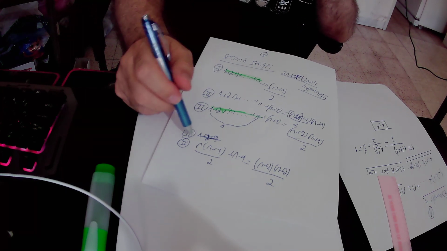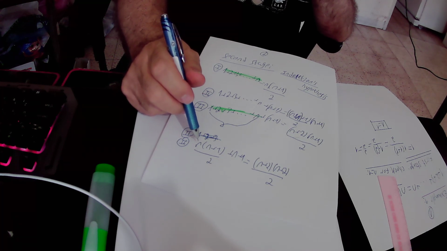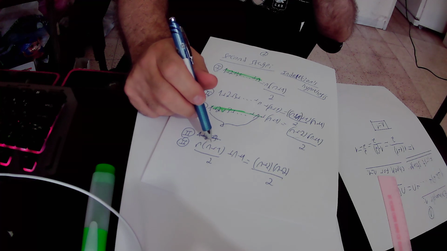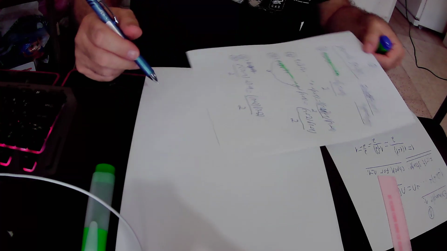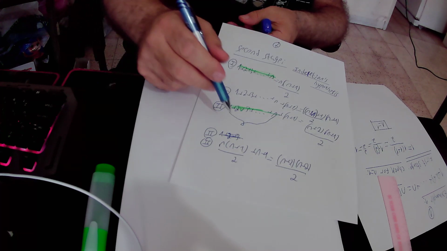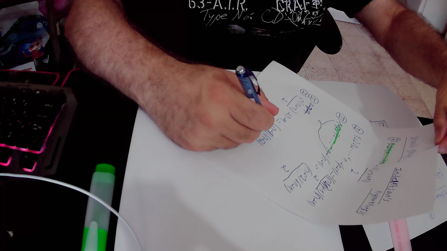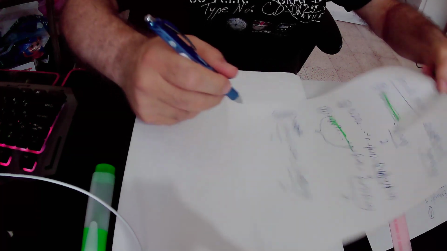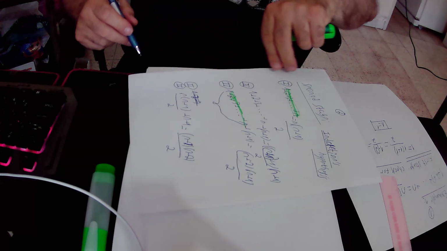So in order to prove that the second equation is true, we will divide both sides of the equation by n plus 1, because we have n plus 1 in both sides of the equation.